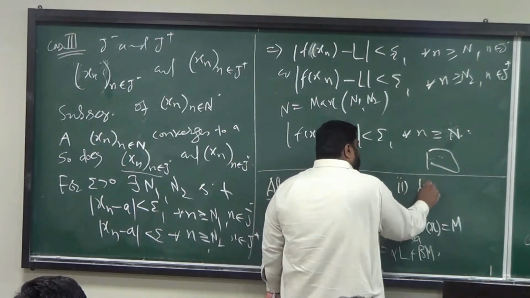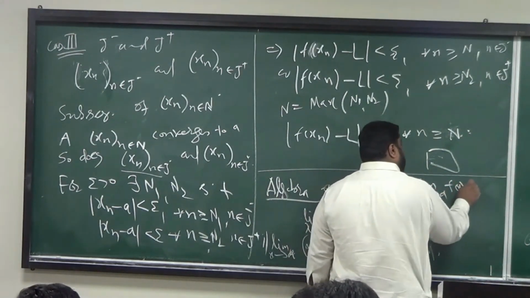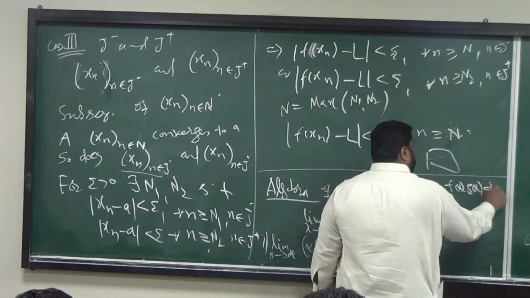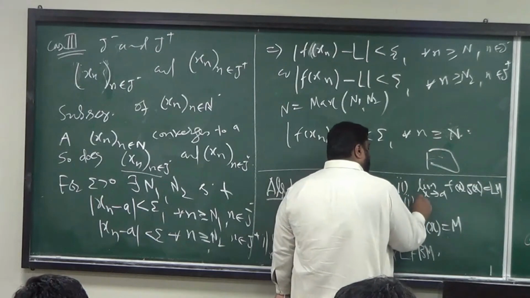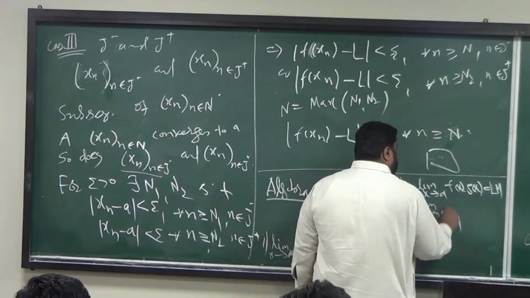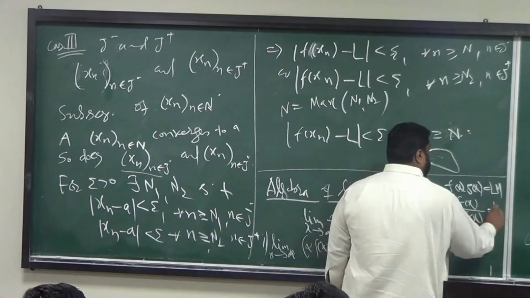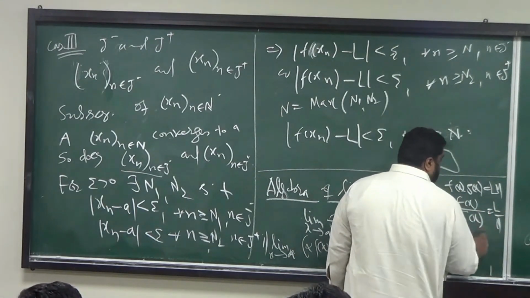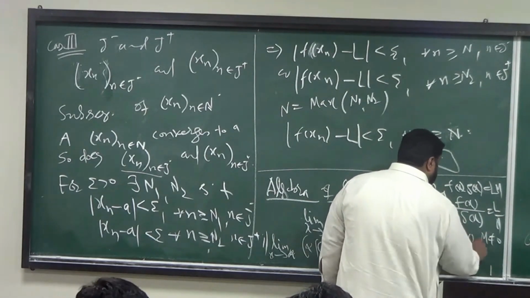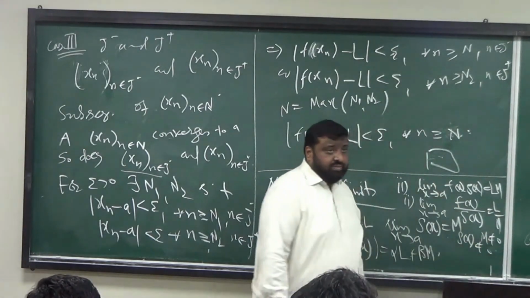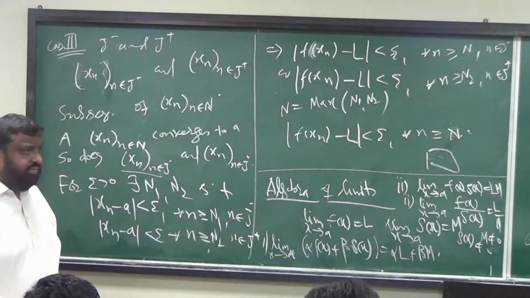Second thing, prove that the limit of f(x) g(x) is LM. And the third thing that you should prove is that the limit as x approaches A of f(x)/g(x) is L over M. Additionally, you need to assume that M must be non-zero and g(x) should not be zero as well. Agreed?